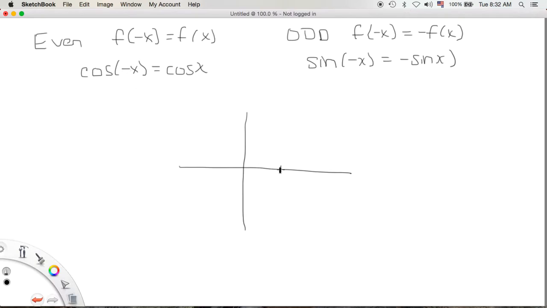If I have this x value, we're talking angles here.